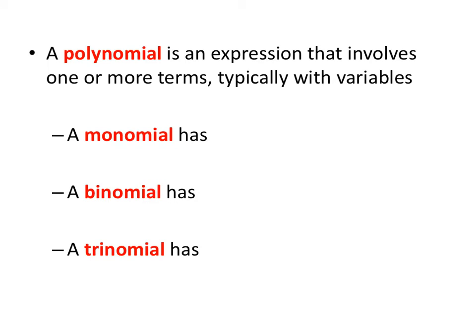In this lesson now, we're starting to work with polynomials. A polynomial is an expression that involves one or more terms, typically with variables. And we talk about different types of polynomials. A monomial has one term. So for example, x or 12y or 17n to the power of 4. A binomial has two terms.